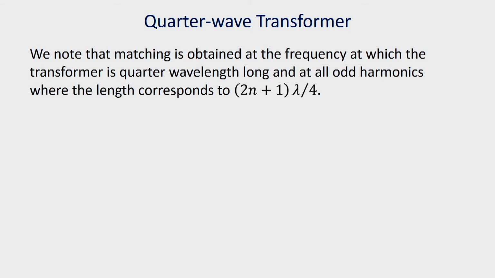So, exact matching is obtained only at a particular frequency, and also at all odd harmonics where the length corresponds to 2n plus 1 lambda by 4. That means 3 lambda by 4, 5 lambda by 4. For all these lengths also we will get exact matching.